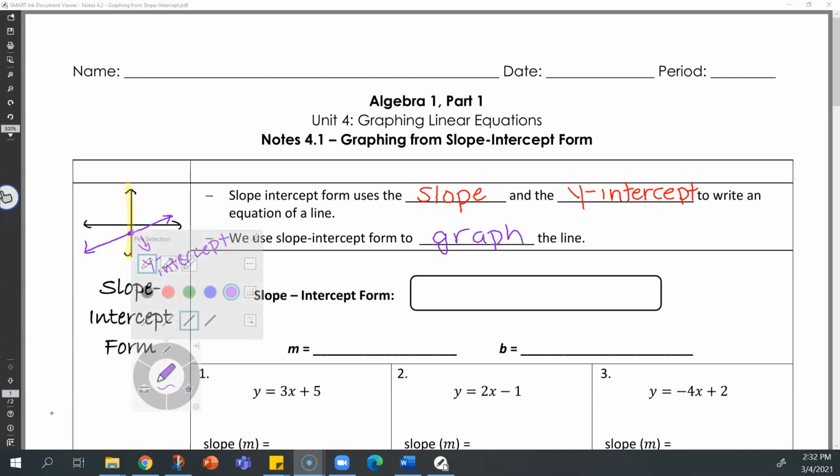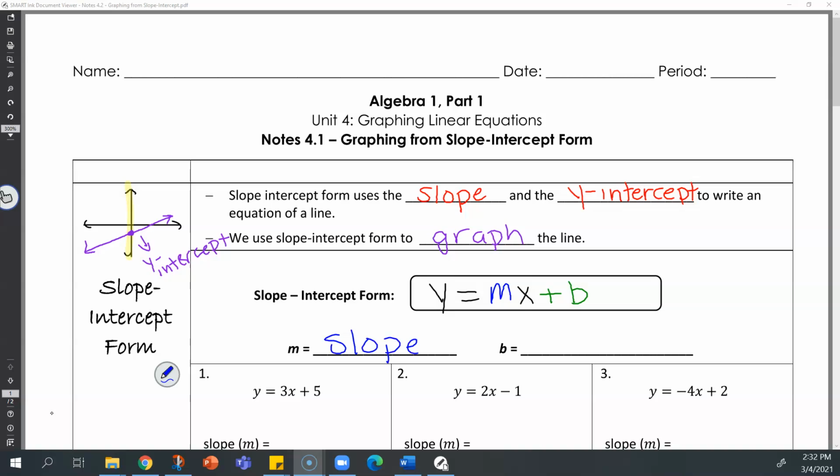Slope-intercept form of a line is the following. y equals mx plus b. In this equation, my m, the number next to x, is my slope. It's the number that is directly connected to x when y is by itself.